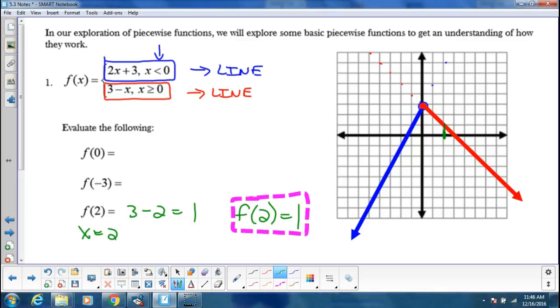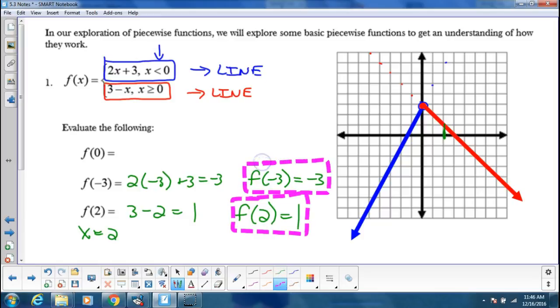So I have to put negative 3 into the blue part. 2 times negative 3 is negative 6, plus 3 is negative 3. So f of negative 3 is negative 3. Again, I could go to my graph, find negative 3, and go down until I meet my graph, and it meets my graph at negative 3.